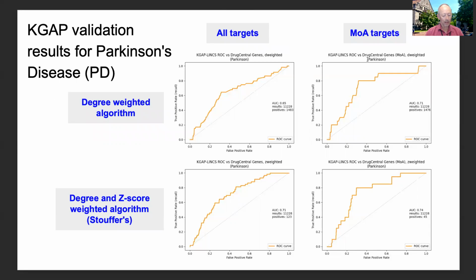This slide shows the ROC curves for Parkinson's disease using two variations of the graph analytics method and either mechanism of action or all known targets. The area under the curve, AUC, is the figure of merit and varies between 0.65 and 0.74. The highest is for an algorithm including the Z-score weighted strength of the expression signal and mechanism of action targets.